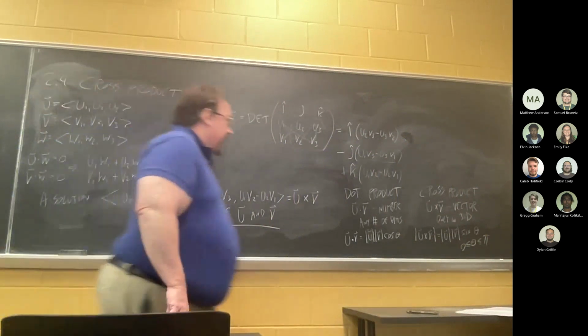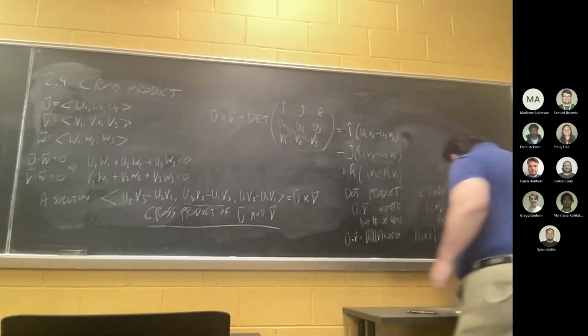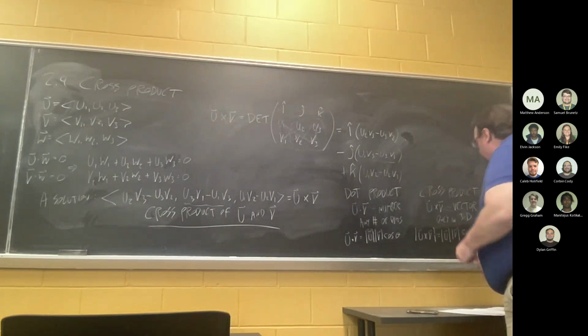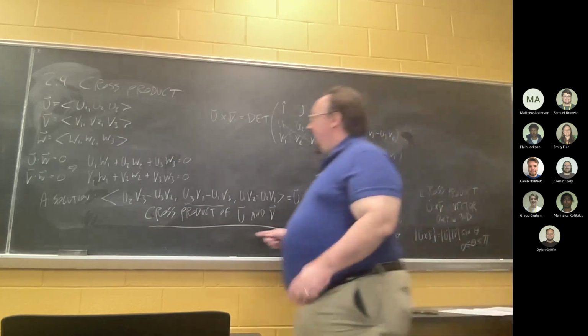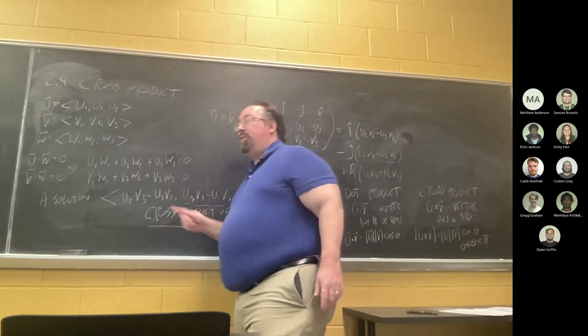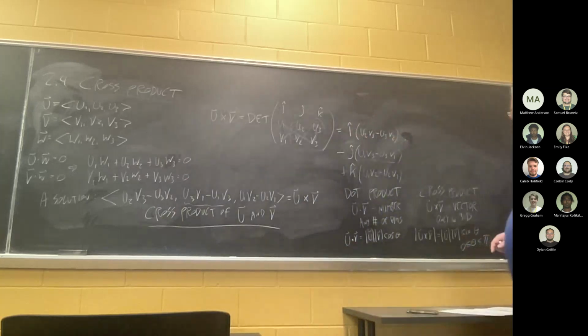Now, as far as the properties of the cross product. What is the cross product? It's to be orthogonal to both U and V. As I mentioned before, that would be any solution of this system, but infinitely many possibilities. Now, if I also specify that the magnitude of this vector W has to be equal to the magnitude of U times the magnitude of V times sine theta, that narrows it down.